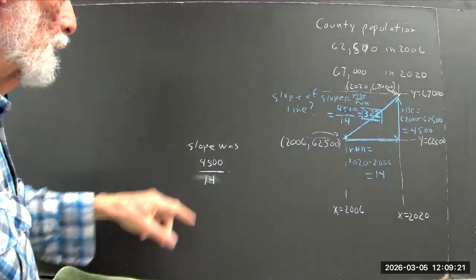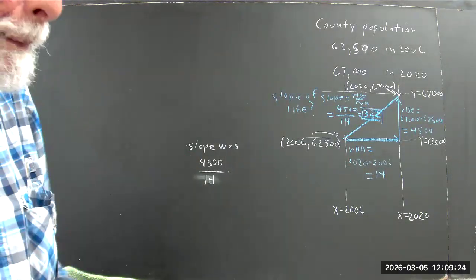Okay, slope was 4,500 over 14. What does that mean?